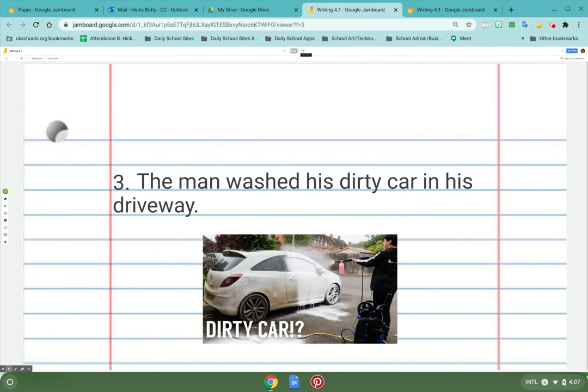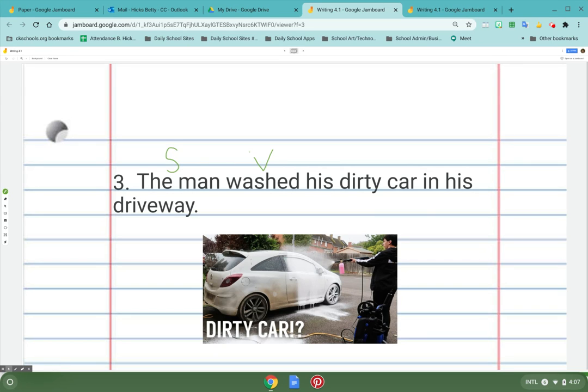The man washed his dirty car in his driveway. This is another way of diagramming this sentence. So I asked myself, what is the subject? Well, the subject is the man. What is he doing that I can see him doing? He is washing. The verb, the man washed. Washed is your verb.